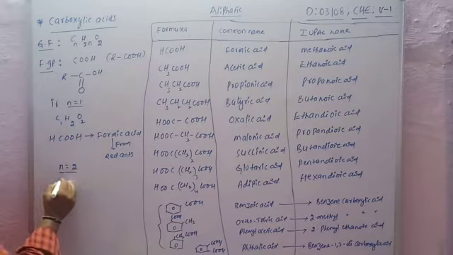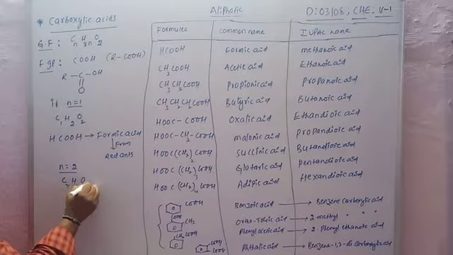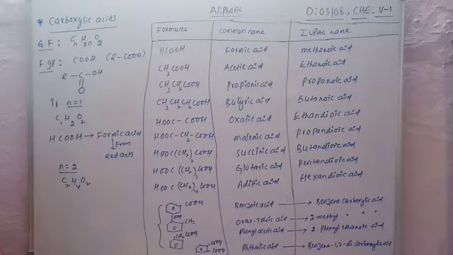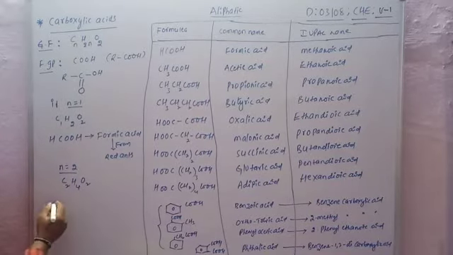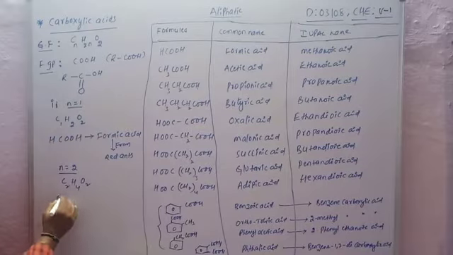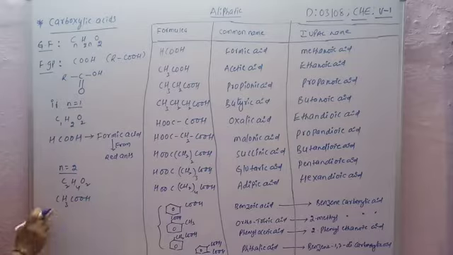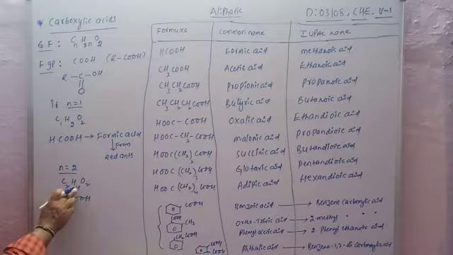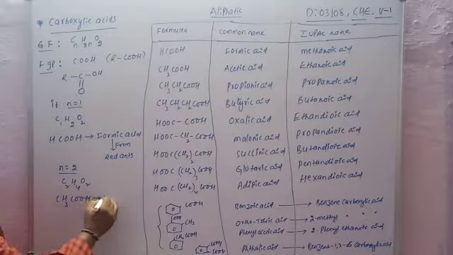That is C2H4O2, which is CH3COOH. Number of carbons 2, number of hydrogens 3 plus 1, 4, number of oxygens 2. So now the name of the compound is acetic acid.